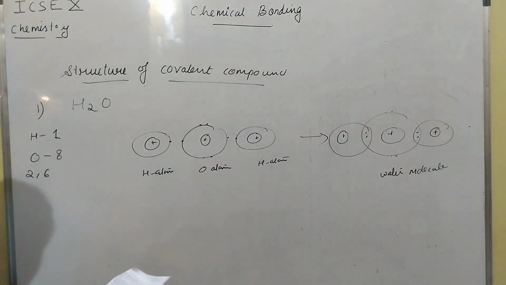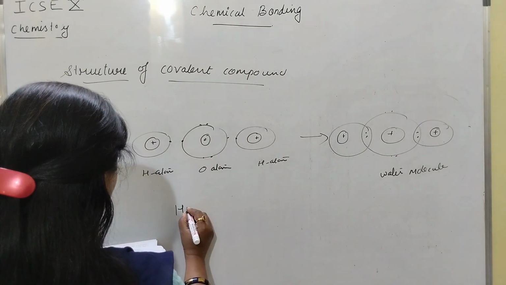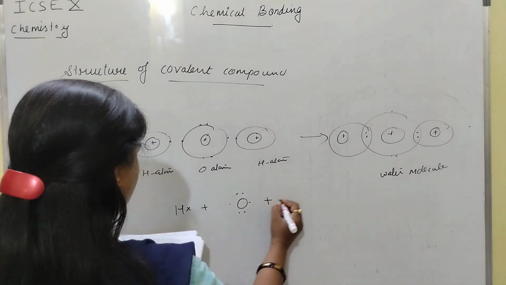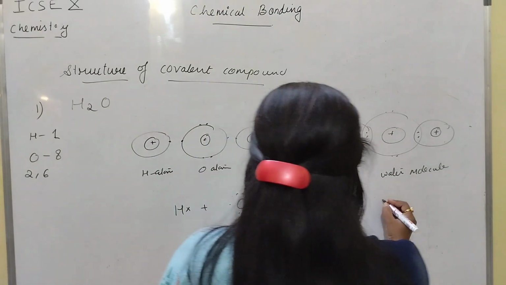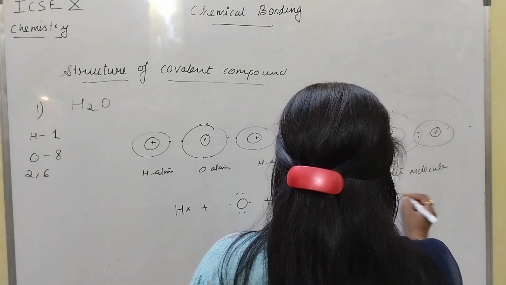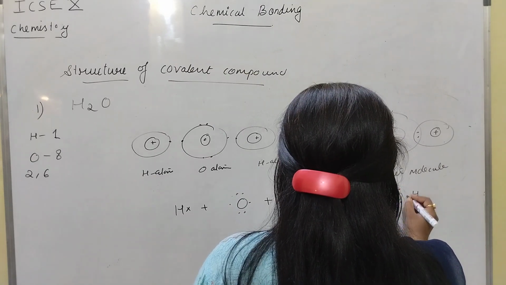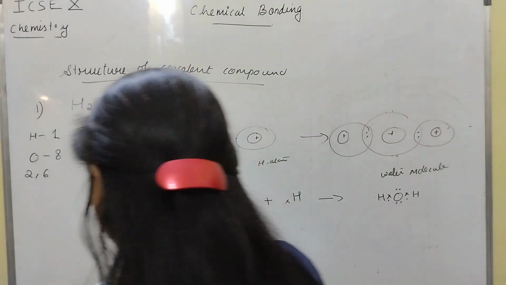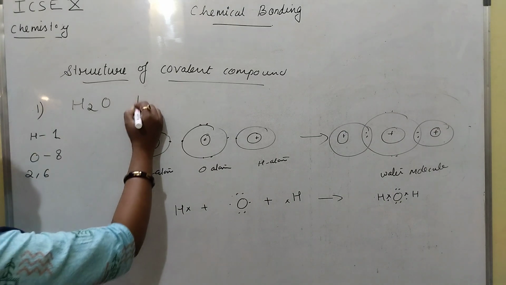So you can make the electron dot structure by yourself. Hydrogen has 1 electron, oxygen has 6 electrons, and again hydrogen has 1 electron. After combination, and water is a polar compound.